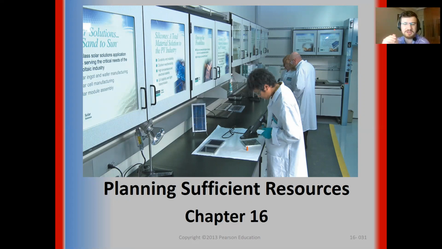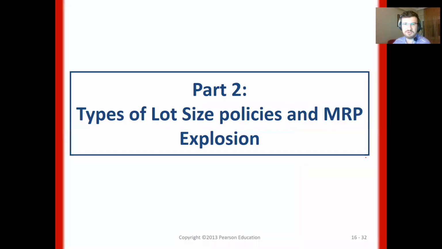We also talked about ERP systems. We said that they integrate many business functions to efficiently manage our businesses or facilities, right? So in the second part of this lecture, I'll be talking about types of lot size policies that we can use to determine the order quantity or the sizes of orders, okay?